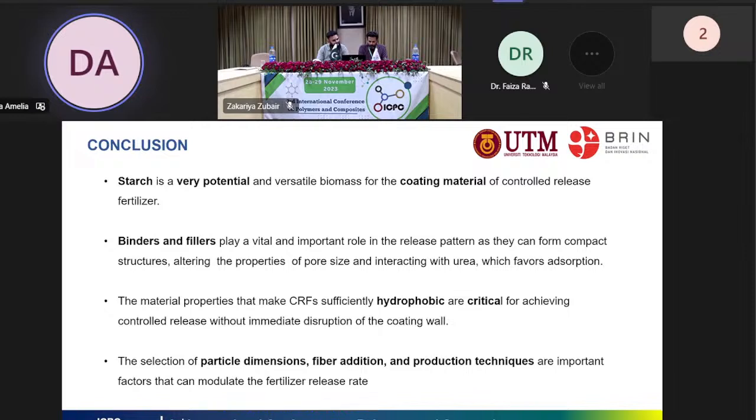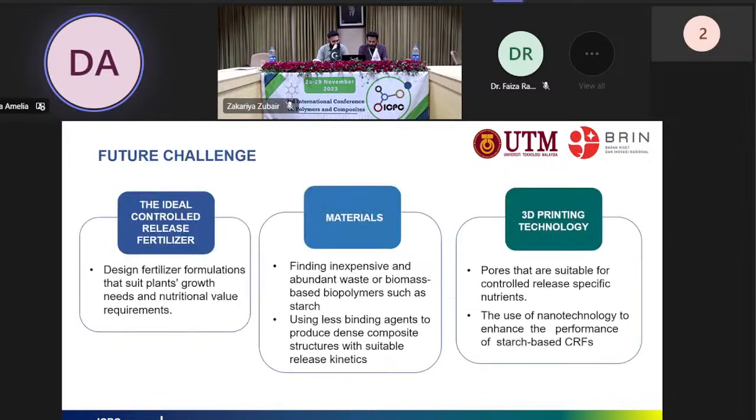And the challenges: the first is the ideal controlled release fertilizer. We must design a fertilizer formulation that suits plants' growth needs and nutritional value requirements. For the material, we must define effective and abundant waste or biomass-based biopolymers such as starch, and use less binding agent to produce a dense composite structure with suitable release kinetics.